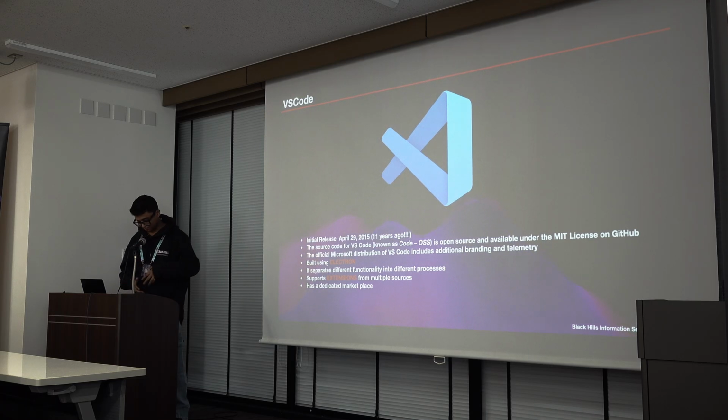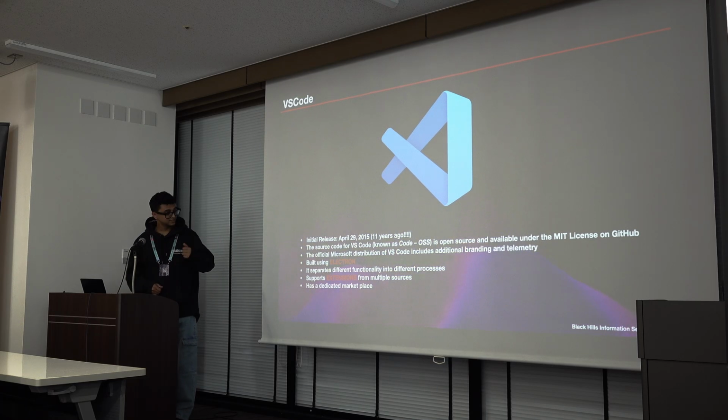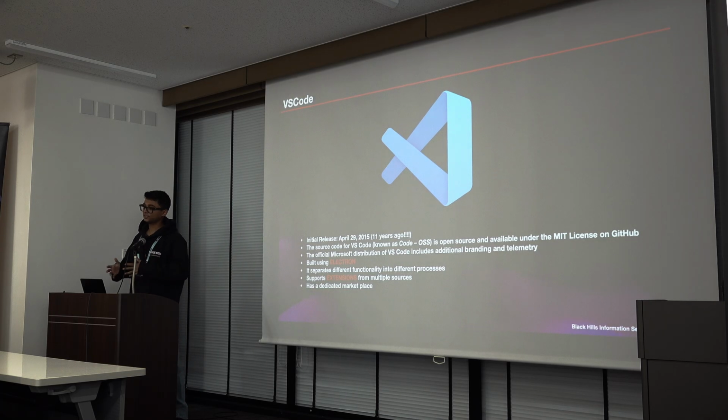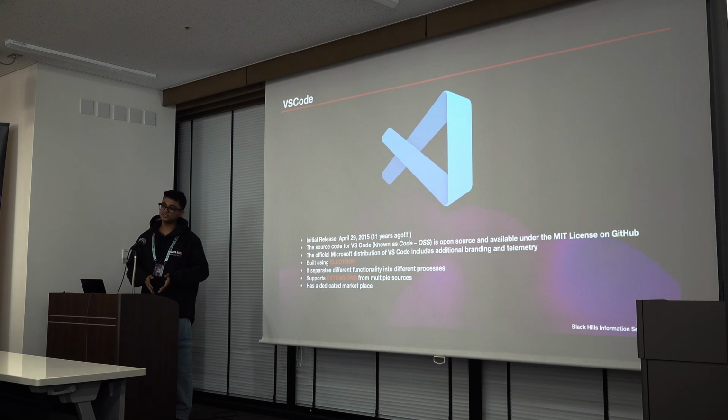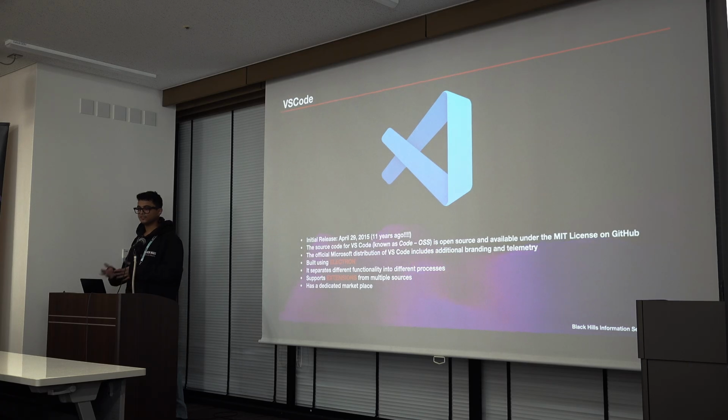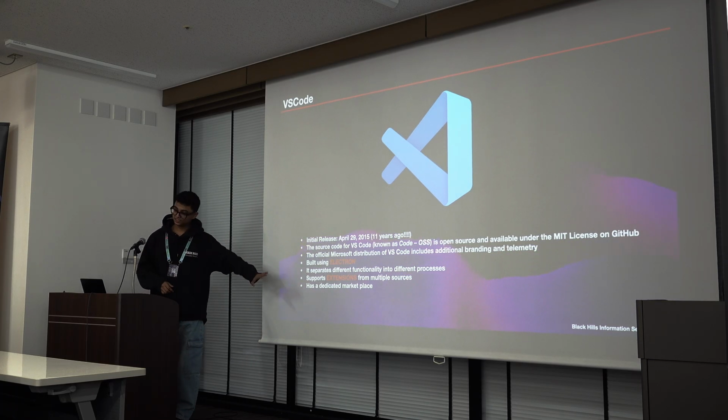The most important thing to note here is that it's built on top of Electron, and this is important because Electron imposes a lot of restrictions on what you can and cannot do. This has been especially relevant since Electron version 20, where they made a bunch of changes to how they deal with memory. Finally, it supports extensions, which we're going to talk about.